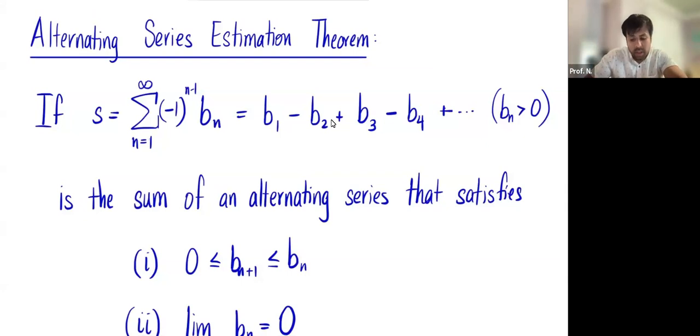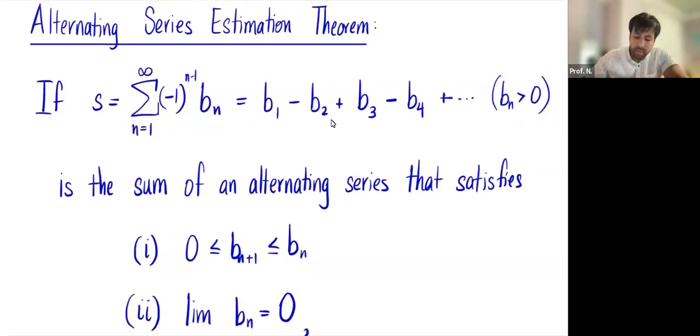Now, normally we don't have a formula for every series that exists to find the sum of it, such as in the case of geometric series, which we know converges when the absolute value of the common ratio is less than 1. We know that geometric series has a convergent form, and we can calculate it using the formula that we've seen.